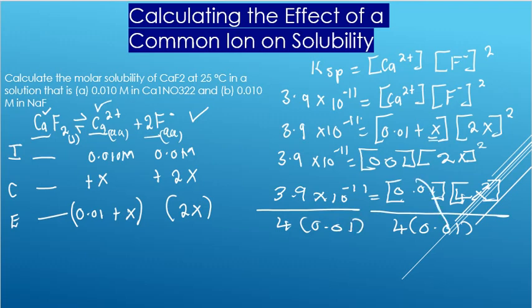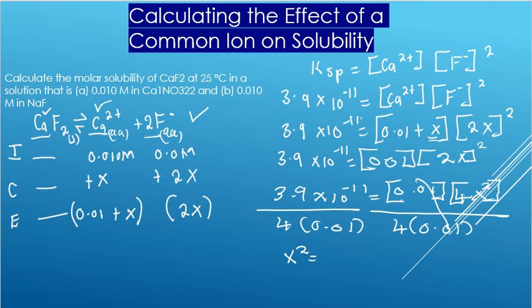So if we cancel here, we're going to remain with x equal to, then we can do our multiplication.